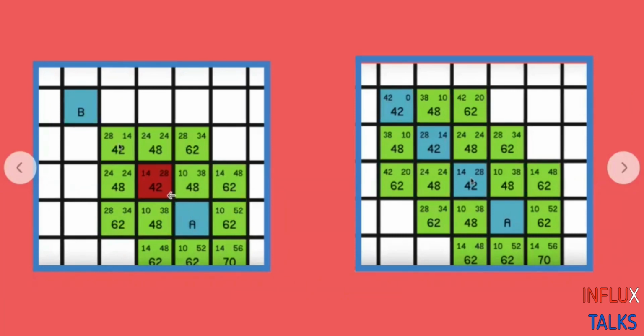So from A, looking at all the surrounding nodes, we see that 42 is the least or the shortest distance. So we move diagonally to 42. And 42 again has surrounding green cells, out of which it remains the same in the diagonally forward node, which makes sense logically if you think about it, that the diagonal must be the shortest distance. So it's going to move again to that.